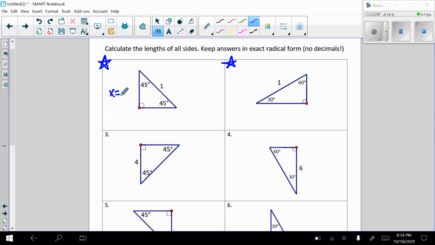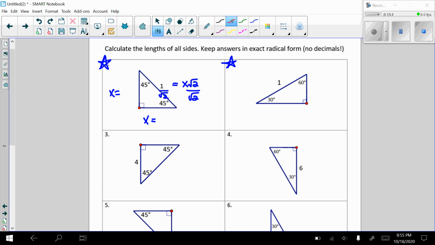So we have x here, we have x here, and this is our x root 2 side. Remember, this is the 45, 45, 90, so it's x root 2. In order to solve for x, we divide by root 2.